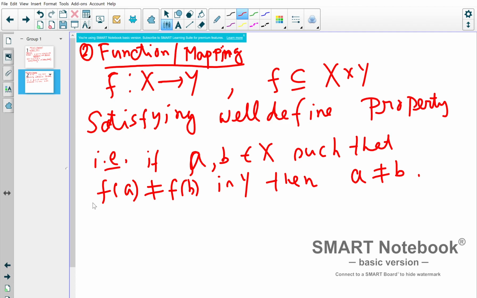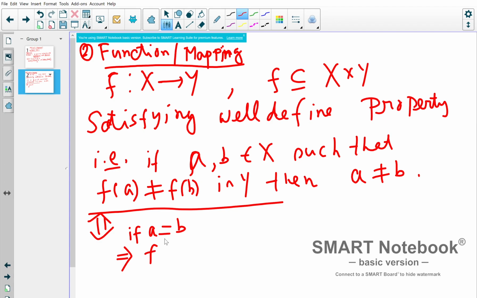You can also write the same thing as an equivalent statement, using the symbol for if and only if: if a equals b, then f(a) equals f(b). Clear?